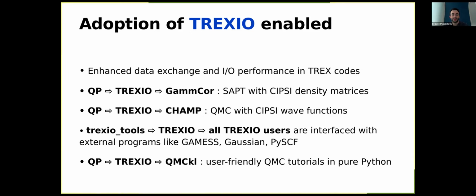By using the CIPSI wave function and density matrices, we could enable GAMESS to do SCF with CIPSI wave functions, and CHAMP could do QMC with CIPSI wave functions. As has been mentioned by Ravindra, CHAMP and actually all TREX.io users are interfaced with GAMESS, Gaussian, and PySCF because we wrote converters from the output of these codes into TREX.io.